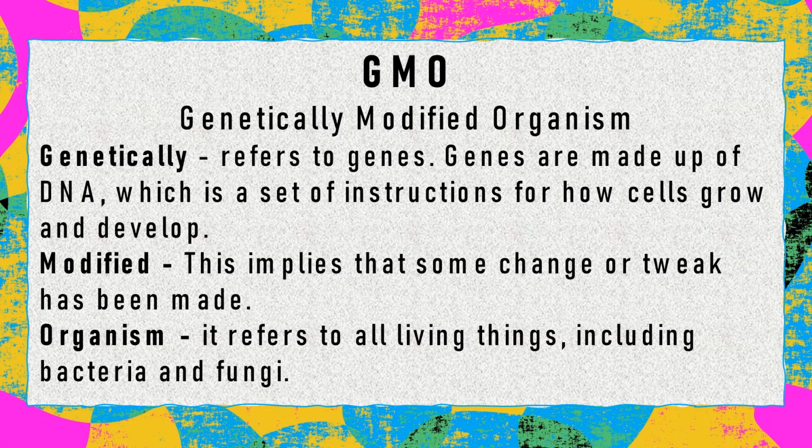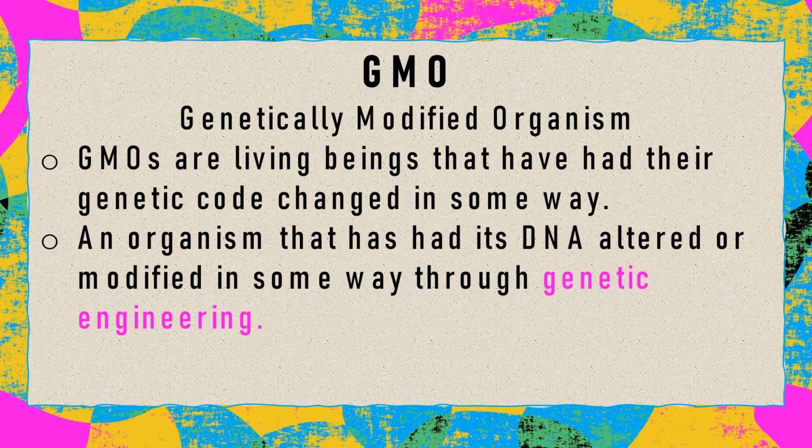Next slide. Genetically modified organisms are being created and grown across the globe. GMOs are living beings that have had their genetic code changed in some way, an organism that has had its DNA altered or modified through genetic engineering.